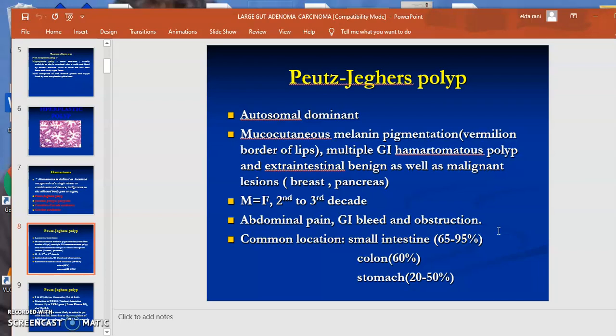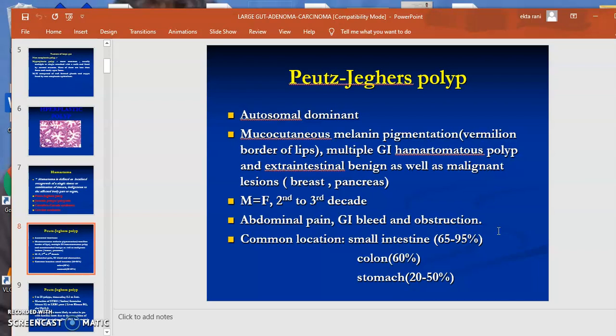Males and females are equally affected and the disease occurs mostly in the second to third decade of life. Symptoms include abdominal pain, GI bleeding, and obstruction.